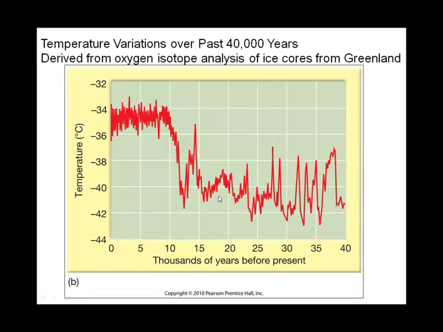And here is the oxygen 18 and oxygen 16 analysis from ice cores used to track what the temperatures have been like. We're going to see several different graphs in this chapter, and this is in units of thousands of years before the present. So this would be today, this would be 5,000 years ago, 10,000 years ago, get it? And this would be 40,000 years ago.